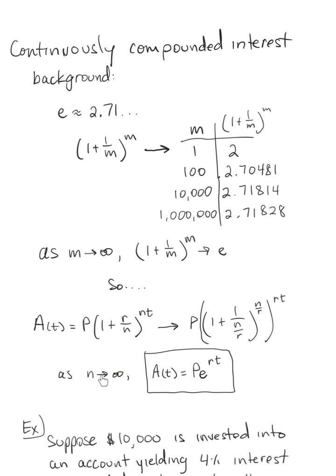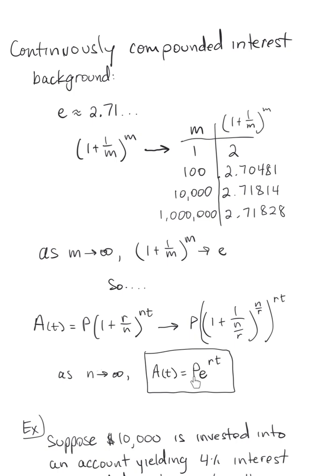So as n approaches infinity, instead of this compound interest formula that we've been using on the previous examples, we're going to use this formula here, which is called continuously compounding interest. What this means is instead of compounding every month or every day or every second, it's always compounding. It's continuously compounding. So that's a slightly different formula than just the normal compounding interest formula.